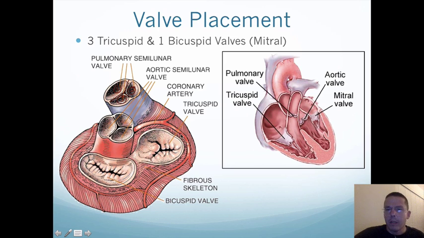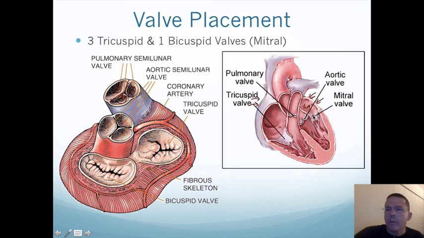The blood goes out to the lungs, and it comes back via the 4 pulmonary veins. 1, 2, and there's 2 more on the posterior portion of the heart. 3, 4, and it all drains into the left atrium. There's no valves that separate the pulmonary veins from the left atrium. It just flows via a pressure gradient.